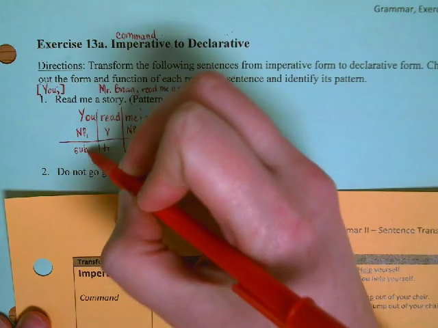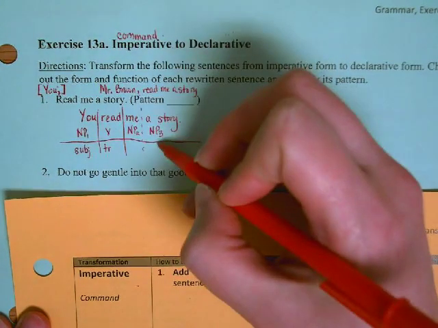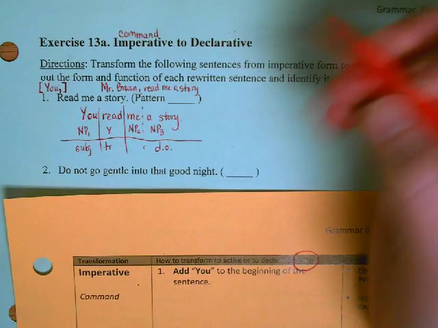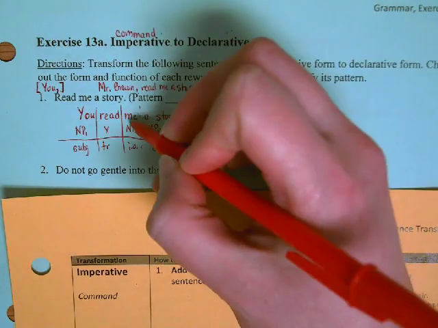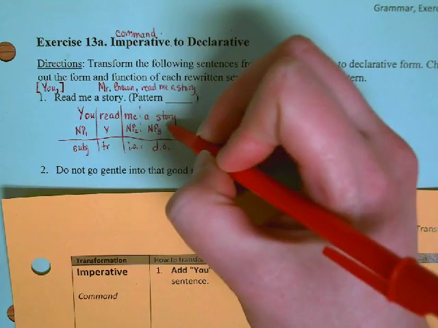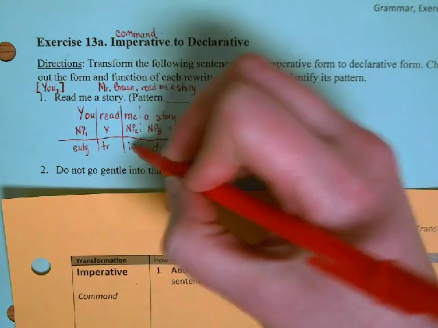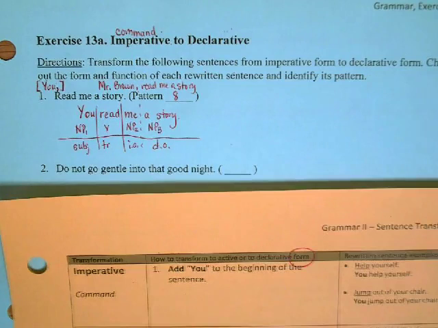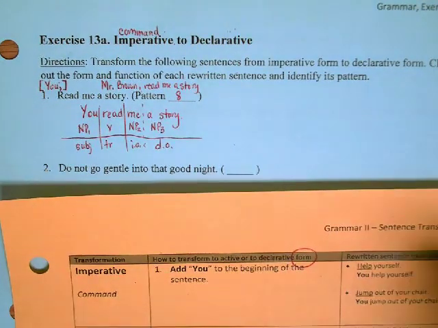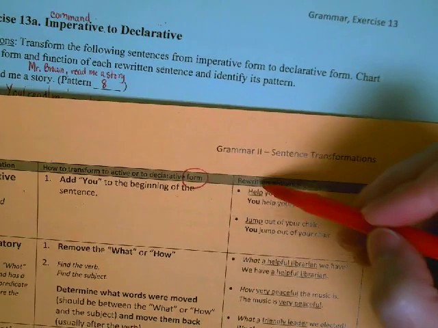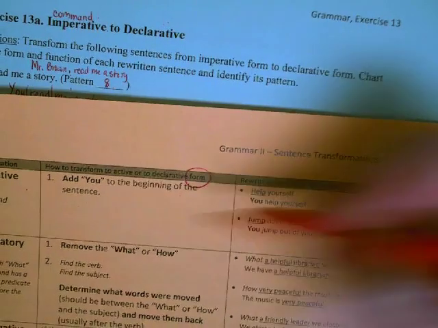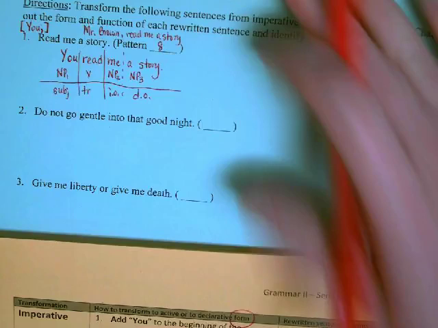You is your subject, what is read, right, that's your direct object, who or what is verbed, and then me is your indirect object, to whom or for whom was the story read. Okay, so with the indirect object and the direct object, this one's pattern 8. Okay. So that's the imperative form. You just add you to the beginning of the sentence, and these are some examples over here, and that's all you have to do for those sentences.